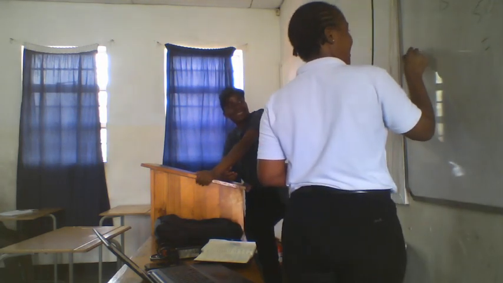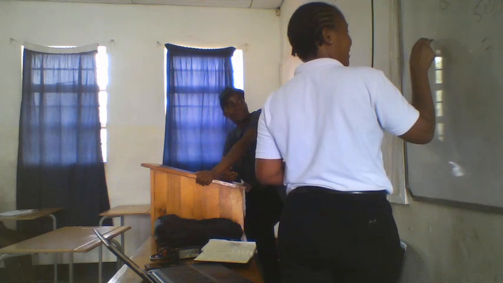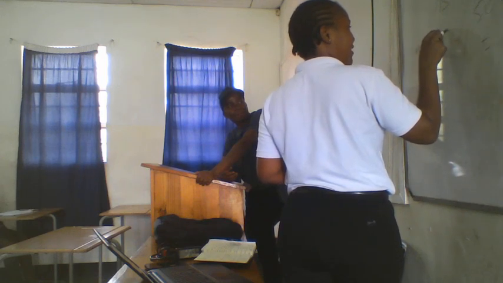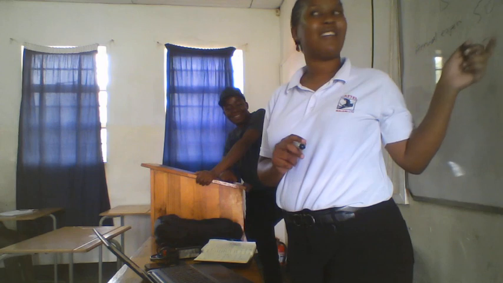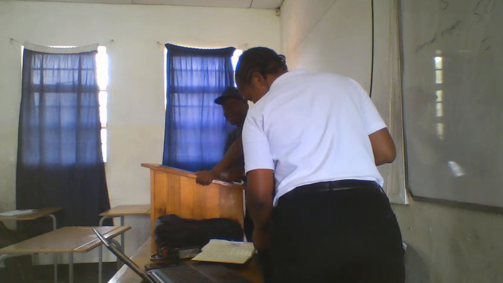Right here, annual expenses equal to. You should write exactly as you wrote in there, so that those who are just copying over and not following will be able to follow. Make it easy.